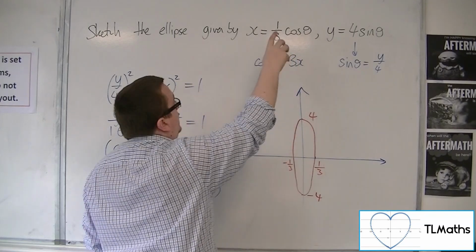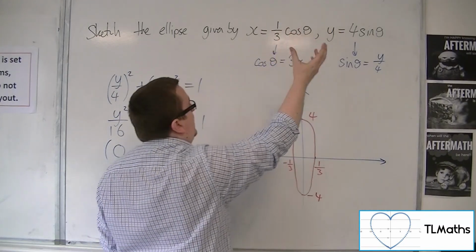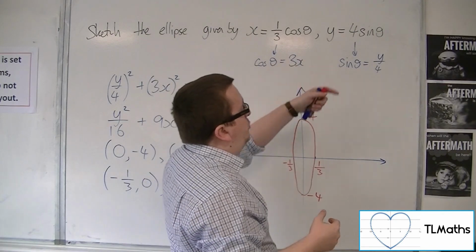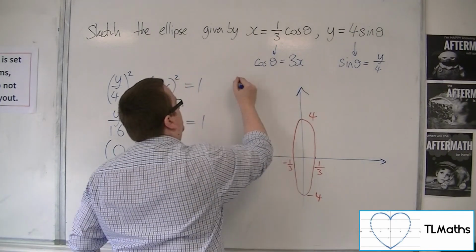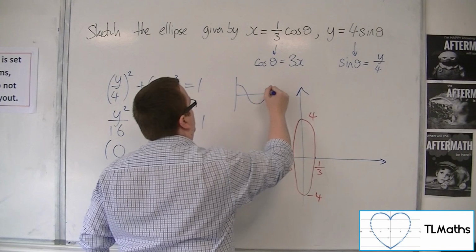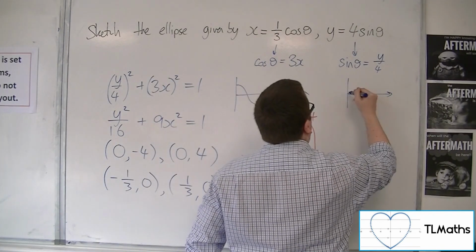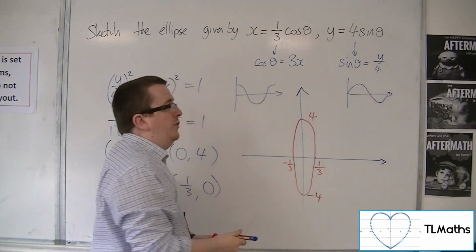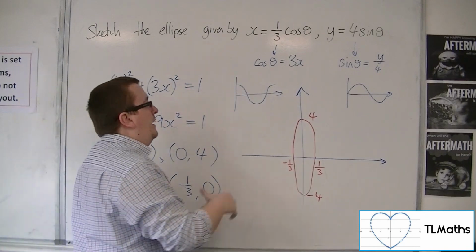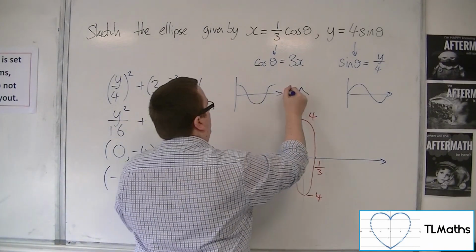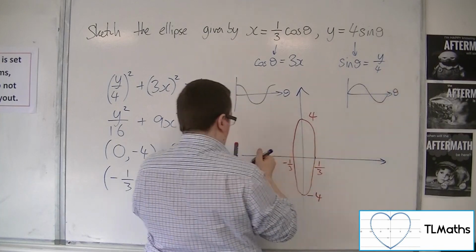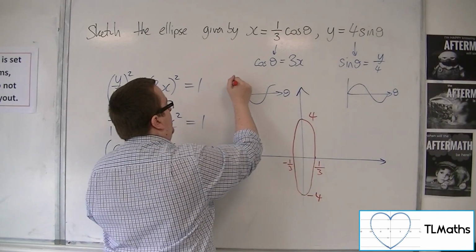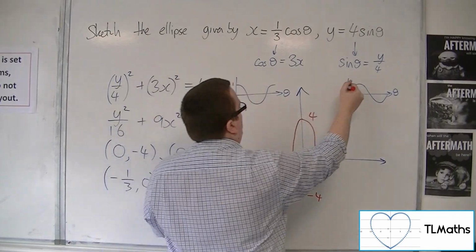So as theta varies, for cosine and sine, in both of these cases, as theta changes, so let's say that's the theta axis, the only values you can get are between -1 and 1.